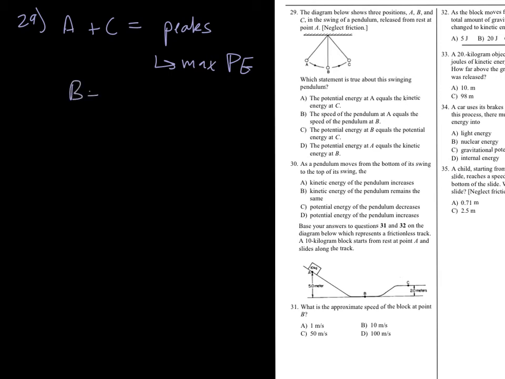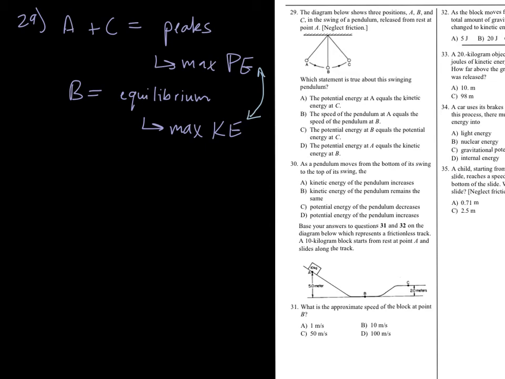Now point B is, I would say, the equilibrium position. So that means at that lowest point, we have the highest kinetic energy. So conservation of energy says potential energy converts to kinetic energy and vice versa in order to keep the total energy of the system conserved. So they go back and forth between each other.